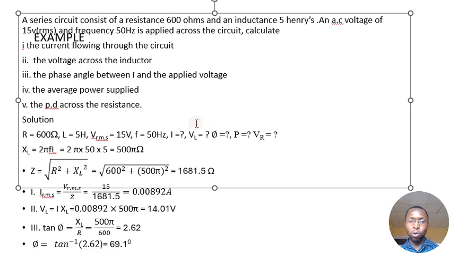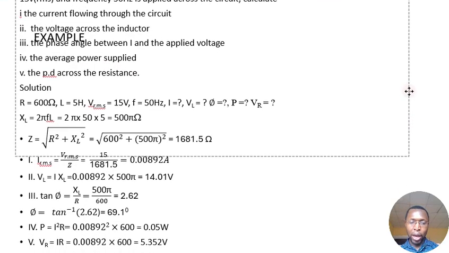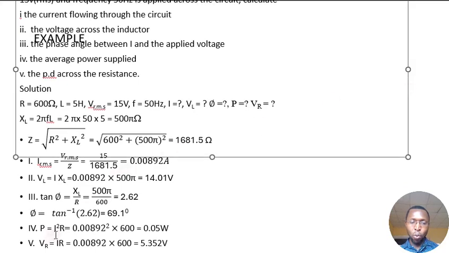The next question says we should find the average power supply. So the average power by formula is P equals I squared R. Our I, we already obtained it earlier here, and our R is already given in the question to be 600. So simplifying that, we have 0.05 watts.